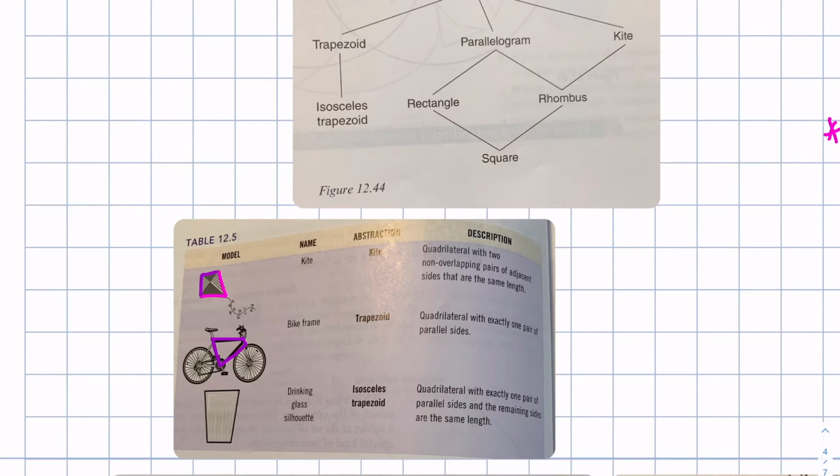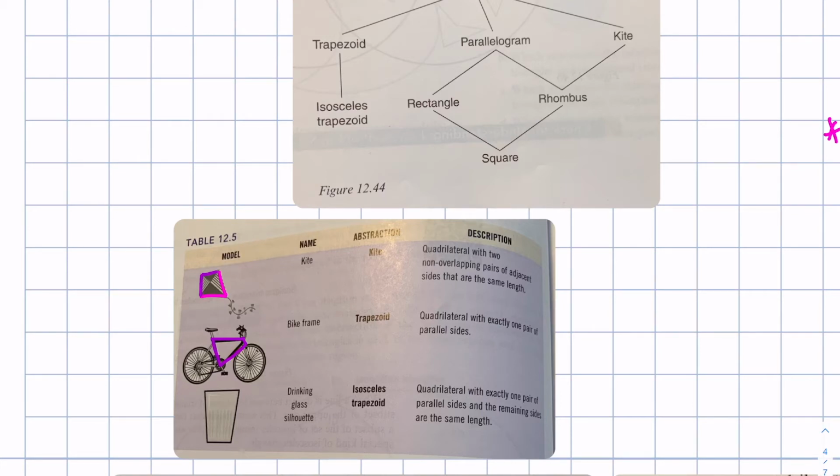So what that means is a trapezoid cannot be a parallelogram, right? Because a parallelogram has two pairs of parallel sides, and a trapezoid has to have exactly one, not just one or at least one, but exactly one. And so here we can see these two parts of the bike frame are parallel, but the other parts are not parallel. And so these two not being parallel is just as important in the definition of a trapezoid.